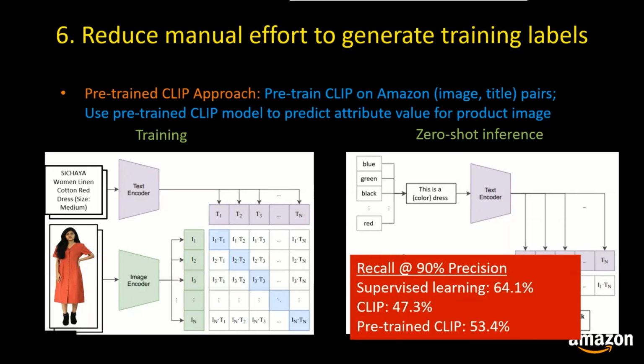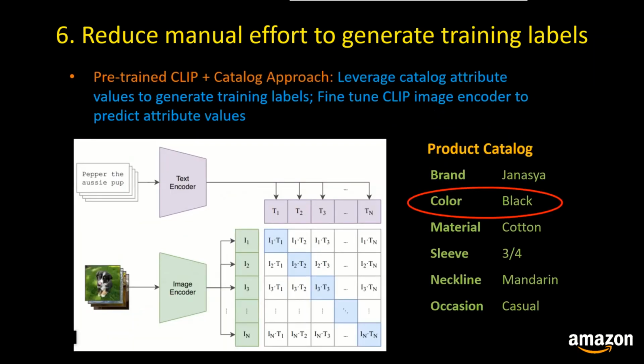Next slide. Now, a large number of products have attribute values populated in the catalog by the sellers. As you can see on the right-hand side of the slide, we have our product catalog where a seller has entered the attribute value black for color.